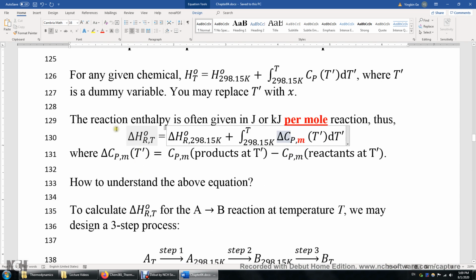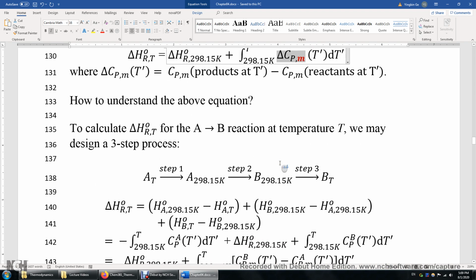How do we understand this equation? It looks complicated. This is the enthalpy of reaction at room temperature, and this is the enthalpy of reaction at a different temperature. Why do they differ by this much? Why do we need to take the difference between the Cpm of the products and the Cpm of the reactants? Well, here it is.